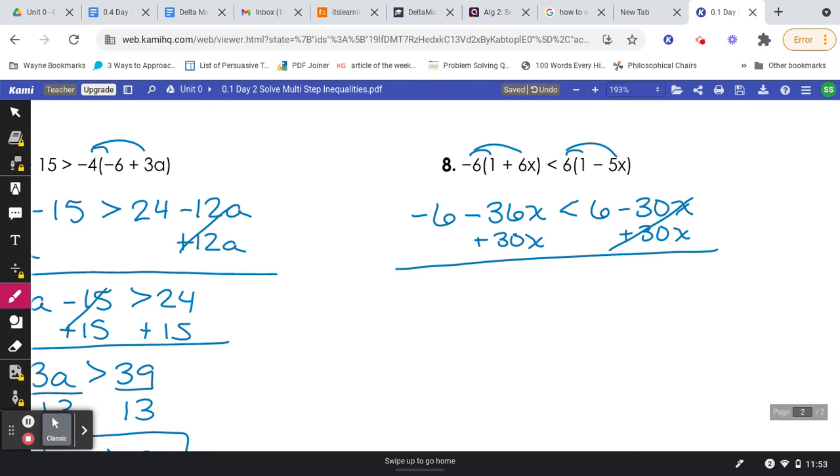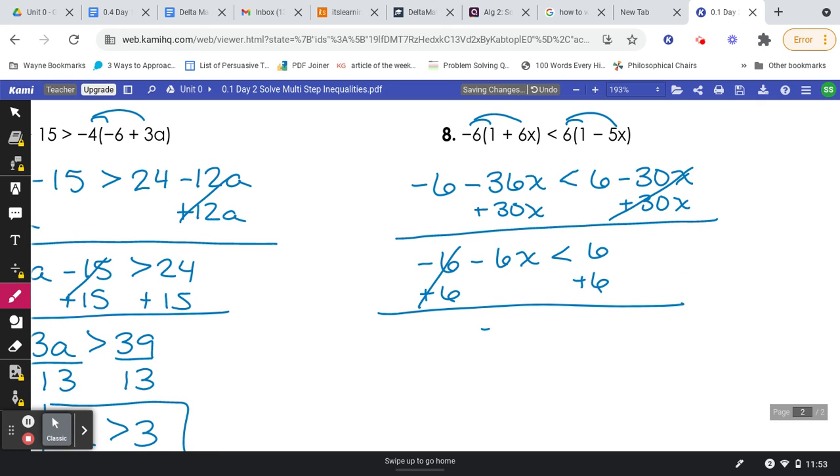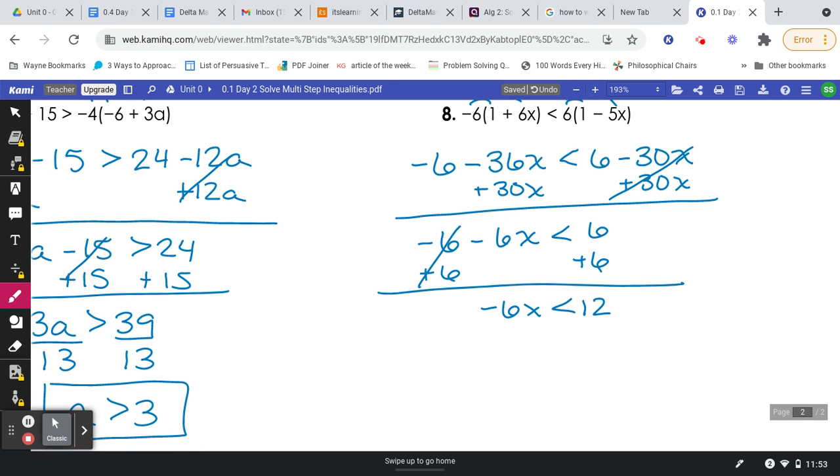So that way they are on the left-hand side when I finish the problem. I'll add 6 to both sides. And at the end, I'll divide by negative 6.